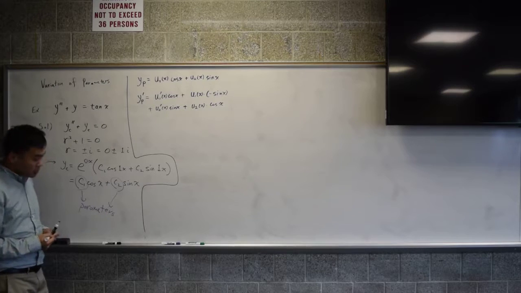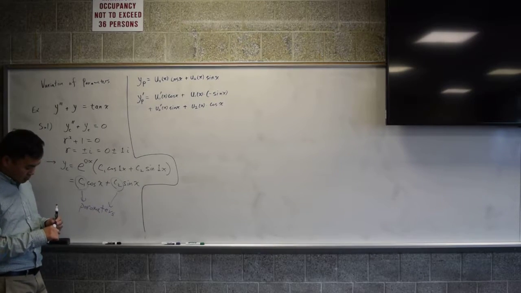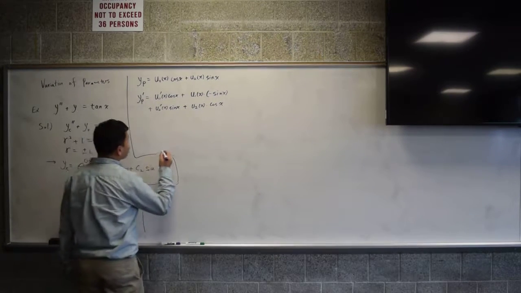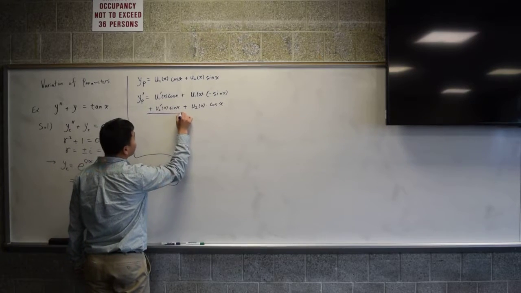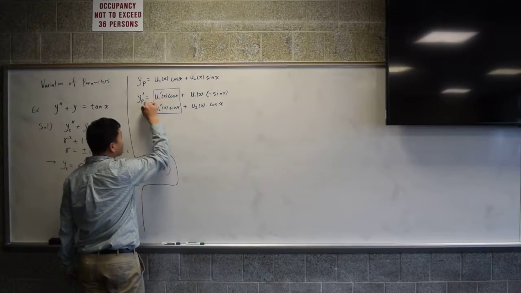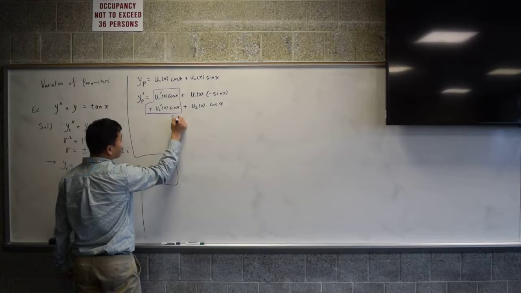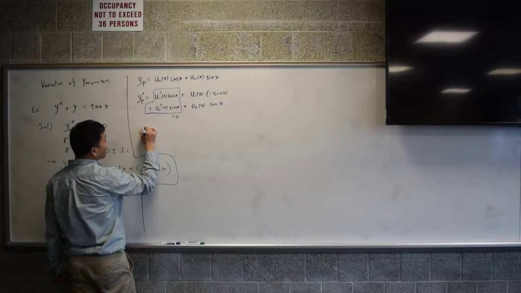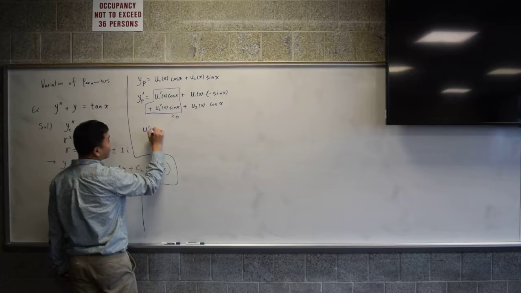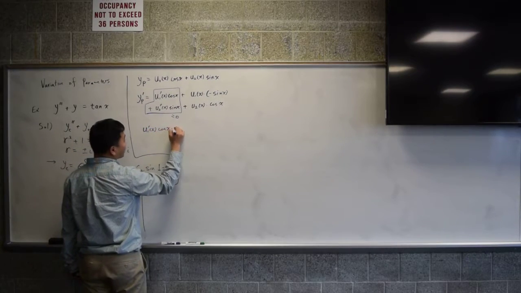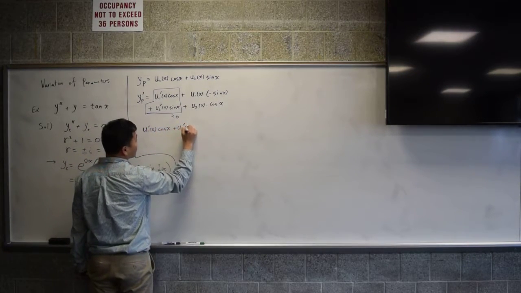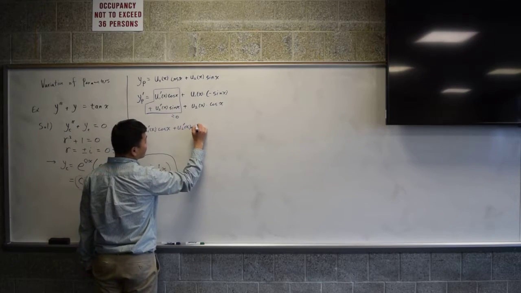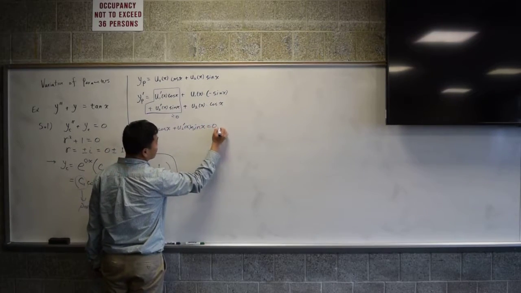And the extra condition that people put is that this should equal 0. So we say u1 prime of x cosine of x plus u2 prime of x sine of x equals 0.